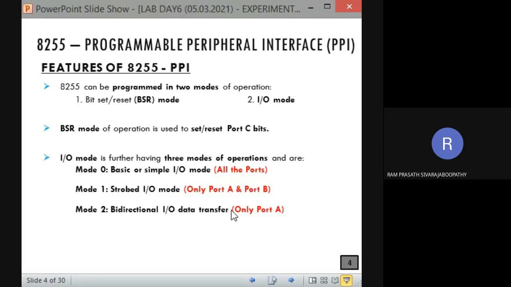All ports can be configured in mode 0. Mode 1 is applicable only for port A and port B, and mode 2 is applicable only for port A. Kindly make a note of these things. Have you noted down?